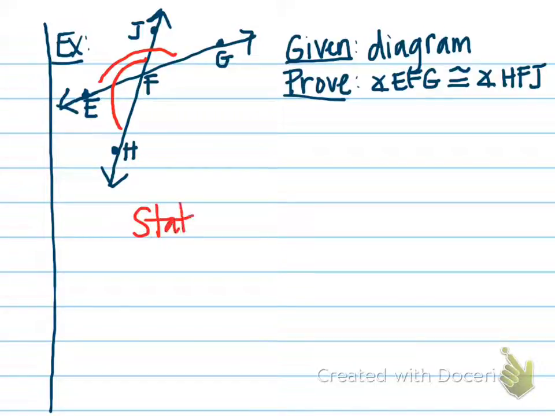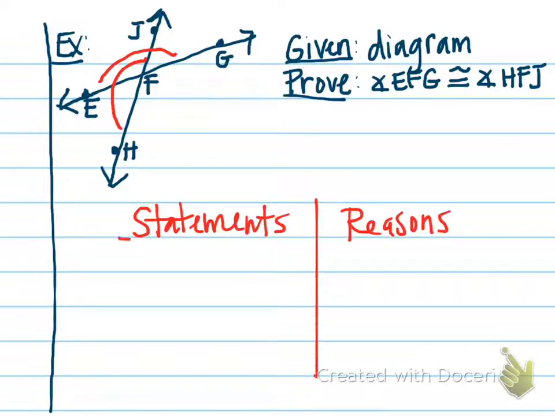Statements on the left, reasons on the right. The first thing we're going to put in our proof are our givens. Our givens are from our diagram. So the thing from our diagram that we need is that we've got those two straight angles. Remember, assuming angles are straight is something that is safe to assume.